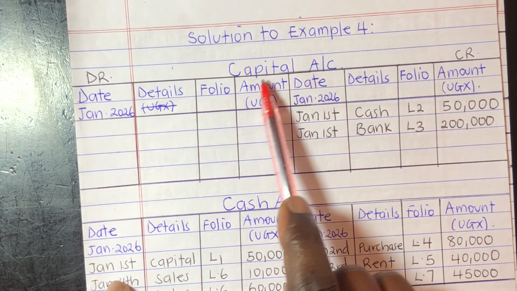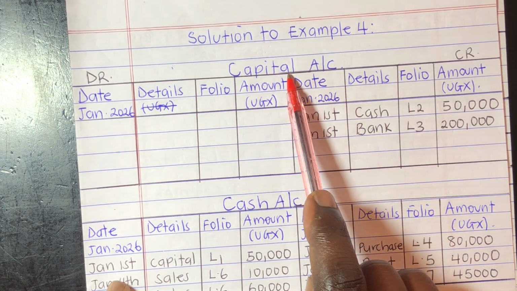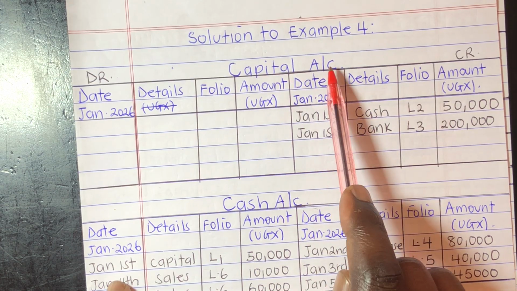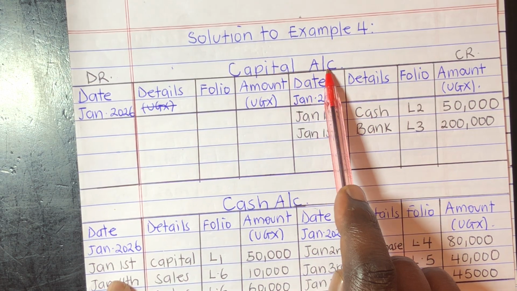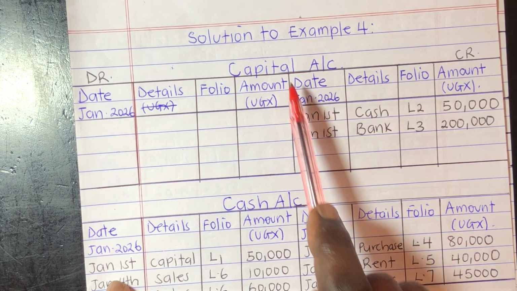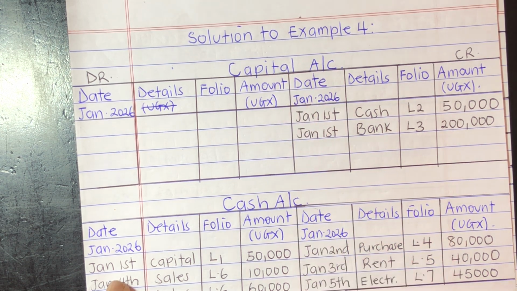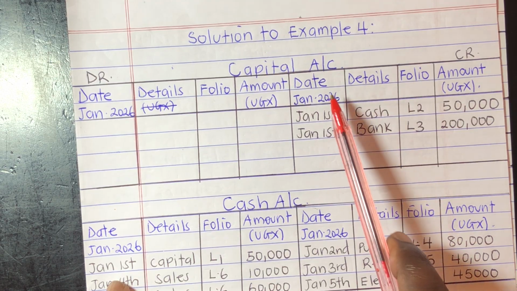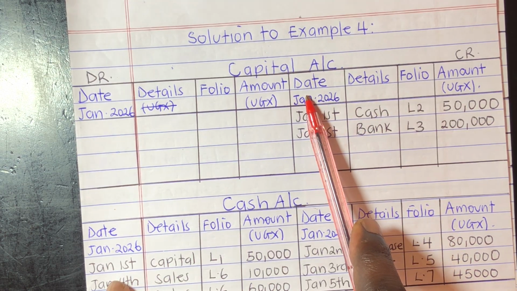Now, if Janice received cash of UGX 50,000, meaning she received it from the capital account, and then we said that when capital increases, we credit it.